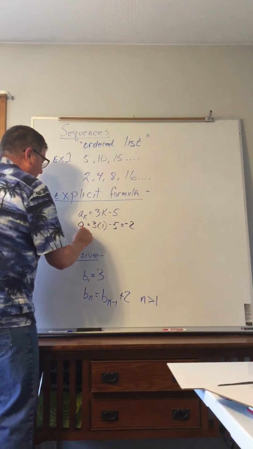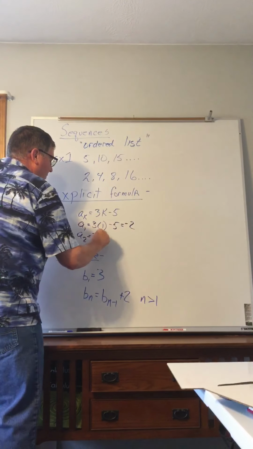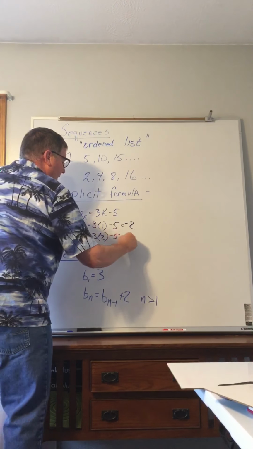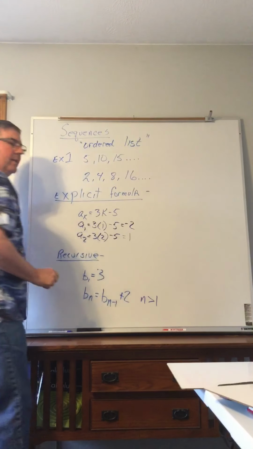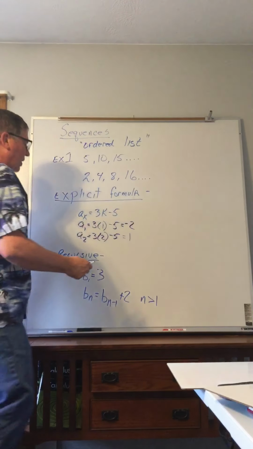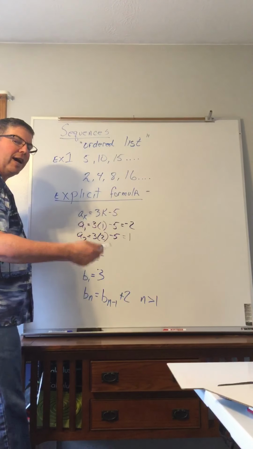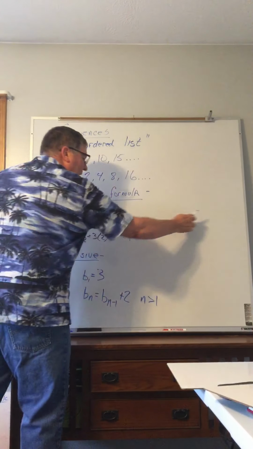The second term is 3 times 2 minus 5, so that's 6 minus 5, or 1. Now, we will usually just write the first 3, the first 5, the first whatever in a row.